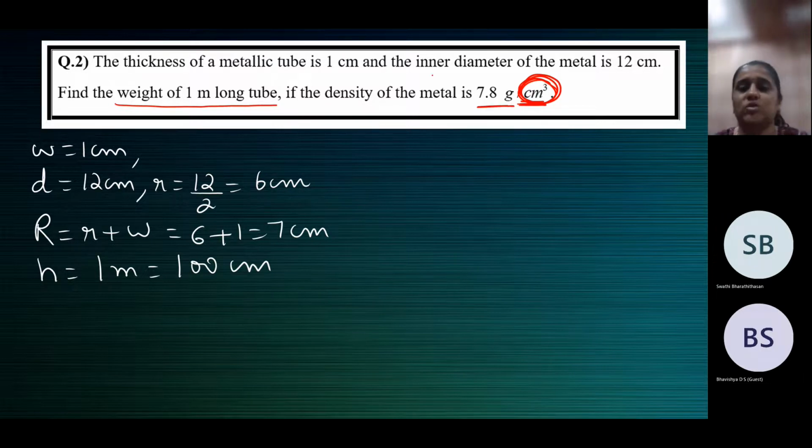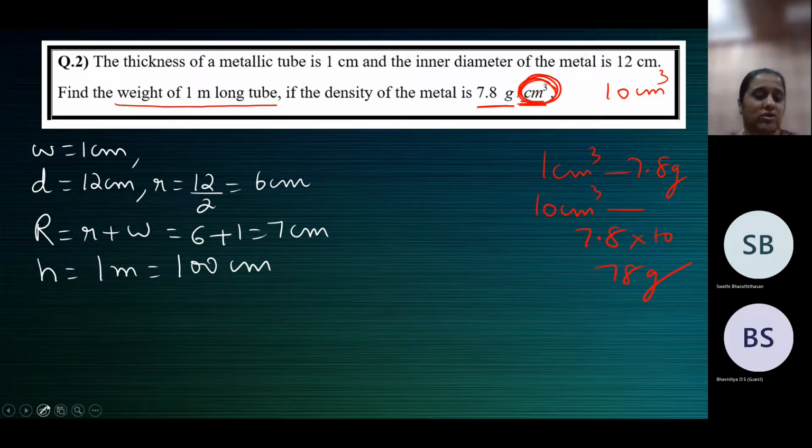So supposing this metallic tube has a volume of 10 centimeter cubed, then 1 centimeter cubed is 7.8 grams, so 10 centimeter cubed will have 7.8 into 10, so 78 grams. That's all.